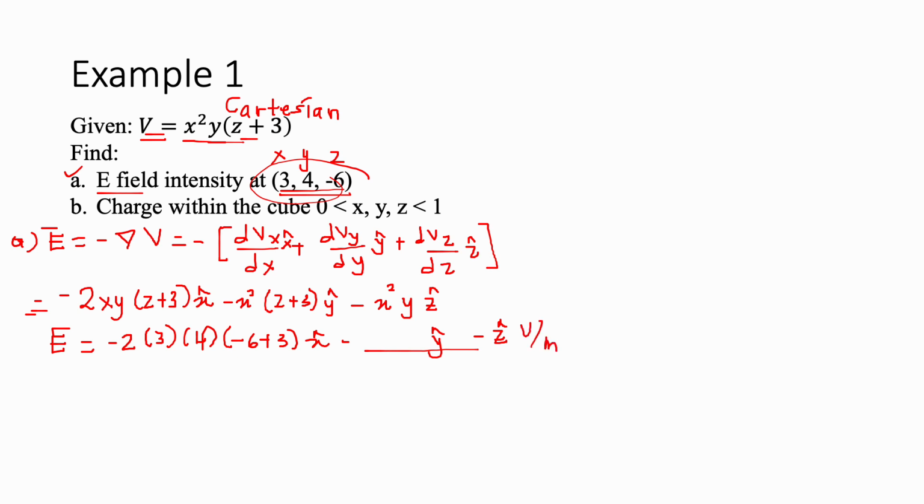Alright, now let's look at question number 2, where they ask about the charge within the cube. The structure is a cube, where x is larger than 0, and y and z are not larger than 1. If we draw the cube, this is your x, y, and z direction.